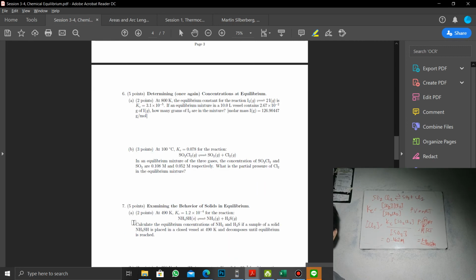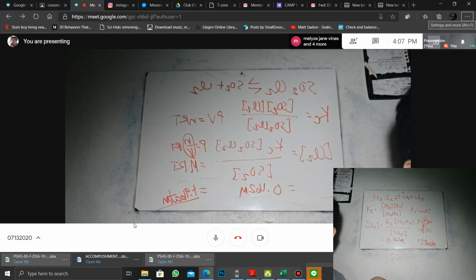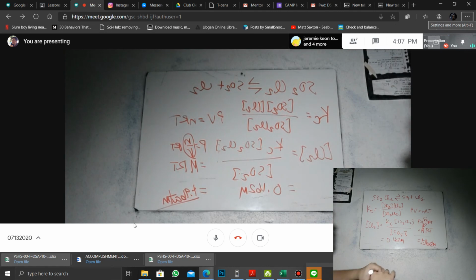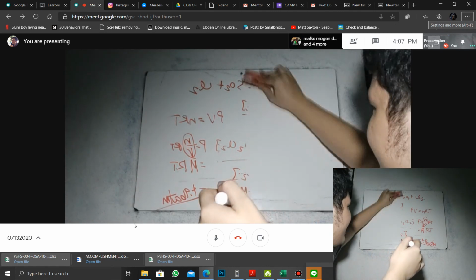Sige, next, number 7. Ay, letter B pala. Sabi ko letter B, di ba? Okay. Sige, letter B. Ganito yan. Pansin natin dyan, special tong problem na to. Bakit? We are examining the dissociation of solids. Right?